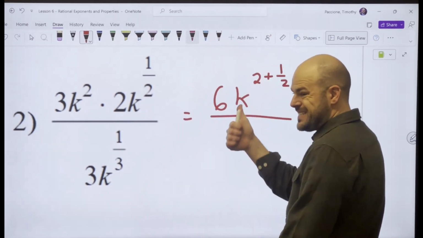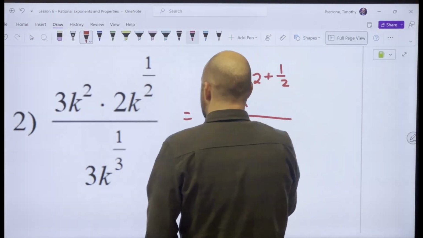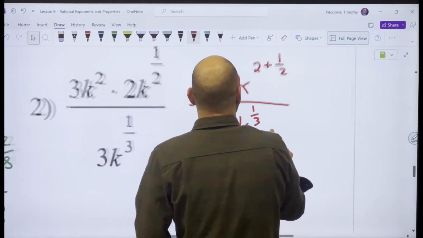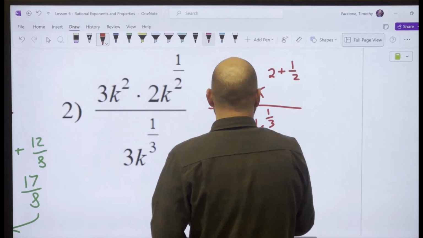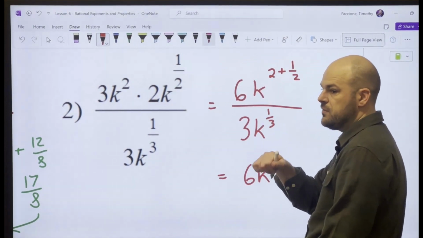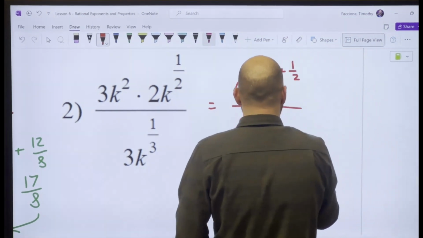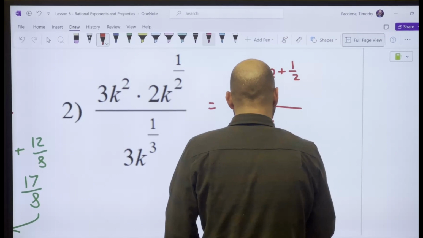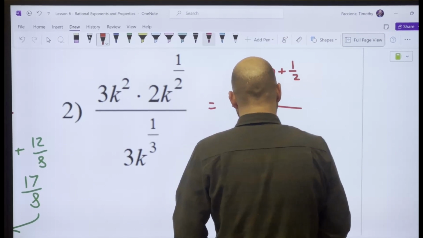You would take that over to the side, figure out what it is. And then on the bottom, I have 3k to the 1/3, okay? You end up with 6k to the, that's 4 halves plus 1/2, that's 5 halves, okay? And again, if you have to take that over to the side, you can, over 3k to the 1/3.